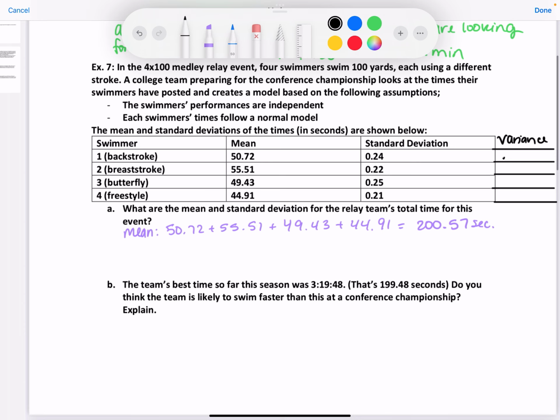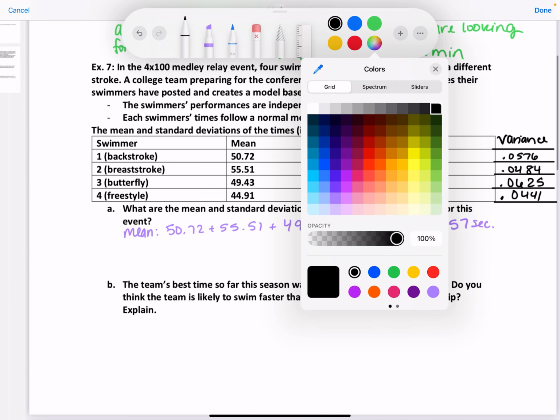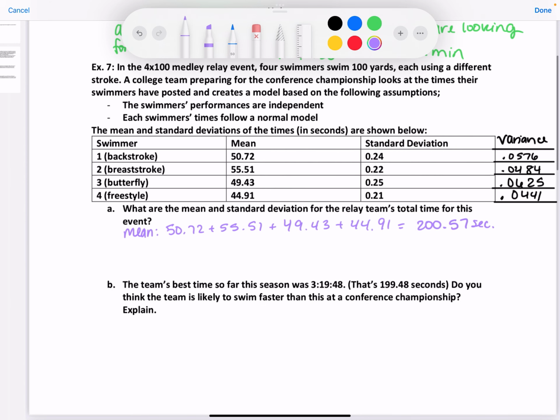So 0.0576, 0.0484, 0.0625, and 0.0441. So then to find the standard deviation for the total time, we're going to take the square root of all the variances added together.